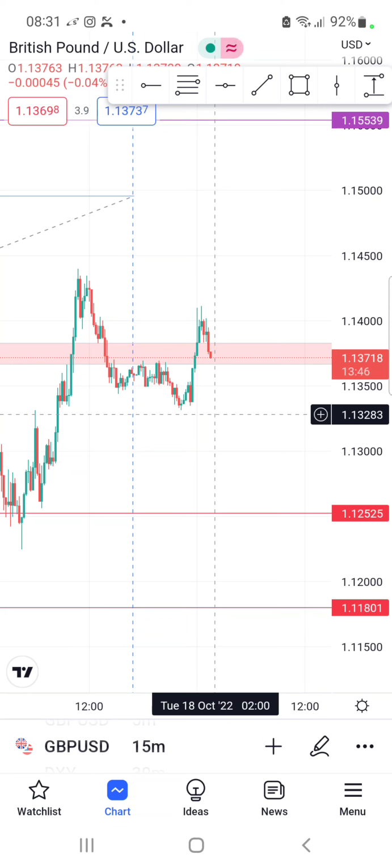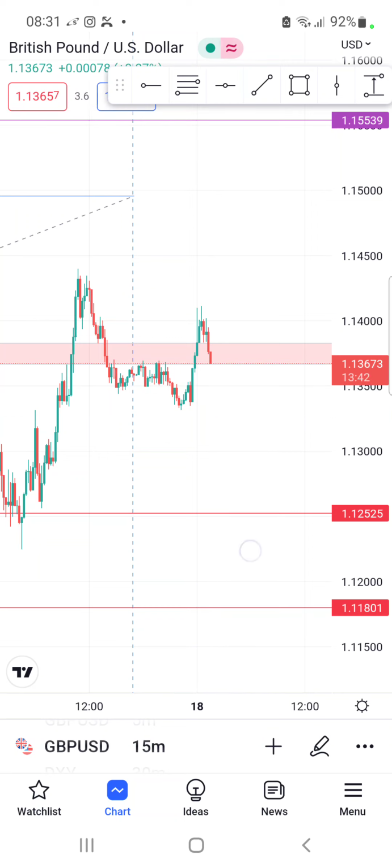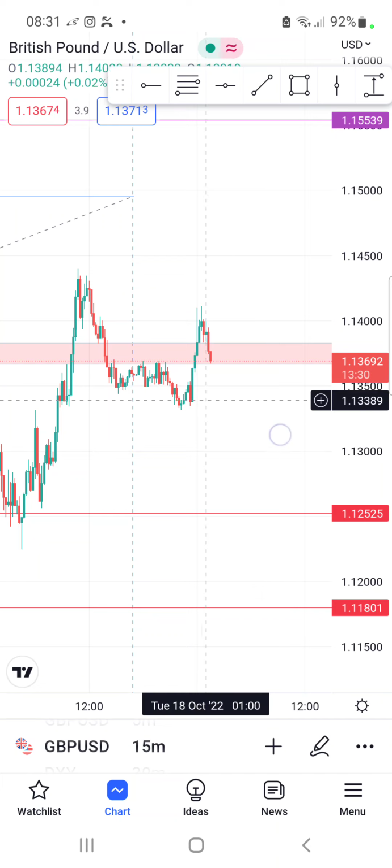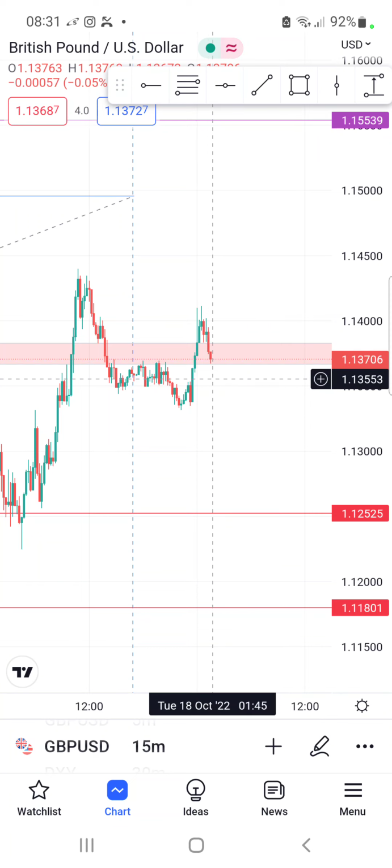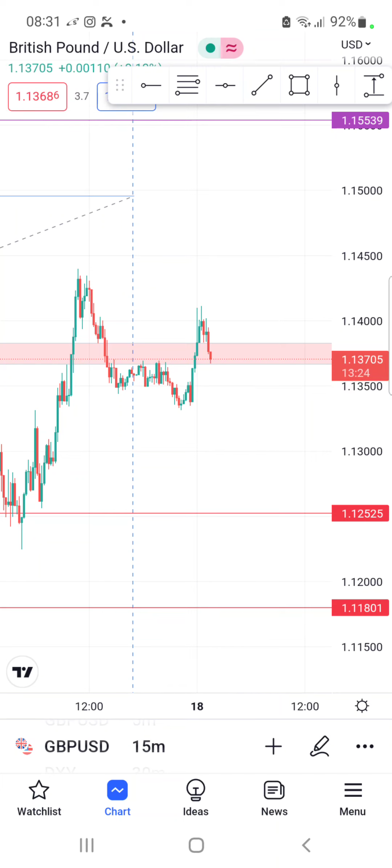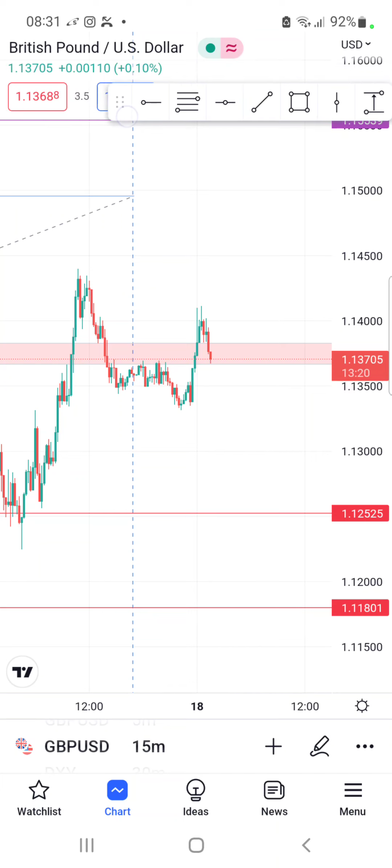And I'm telling you, my trading session starts from 2 a.m. New York time all the way to 11 a.m. Now 2 a.m. in Kenya is like 9. If you see my line, down here it shows 1:45, 2 a.m. See, come down here.